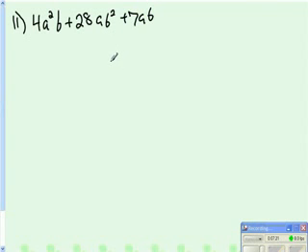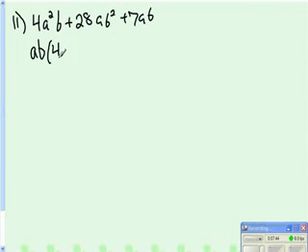Well, I could take an a and a b out of everything, because they all have an a and they all have a b. They're not all divisible by 2, not all divisible by 4. Nothing else I can do.